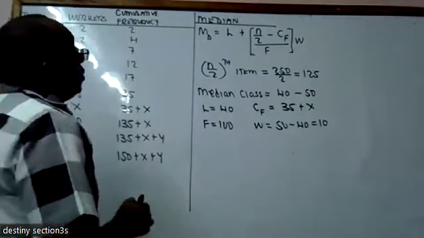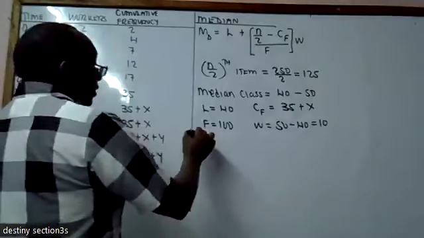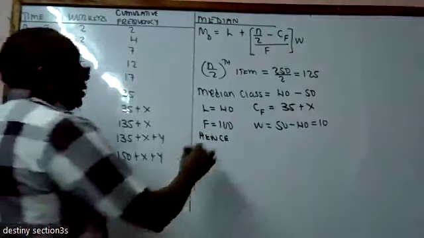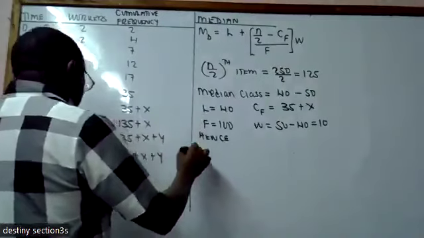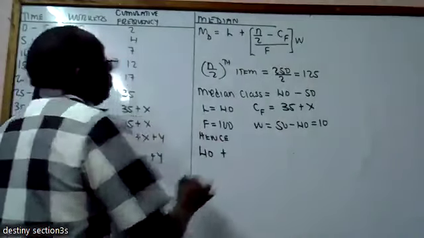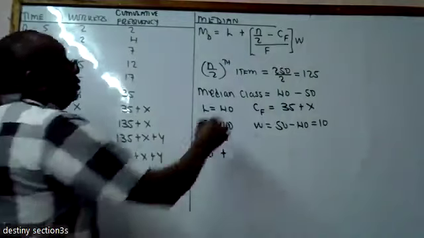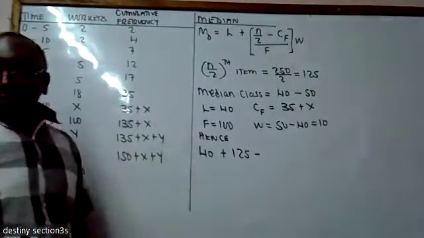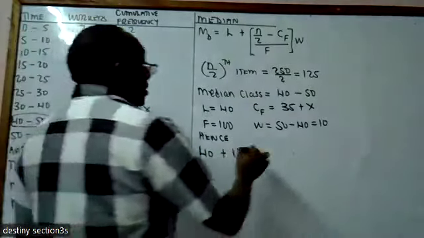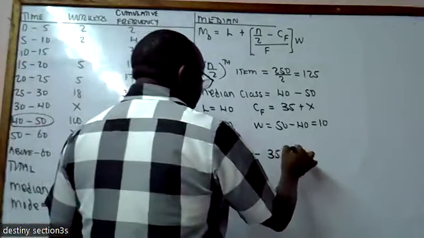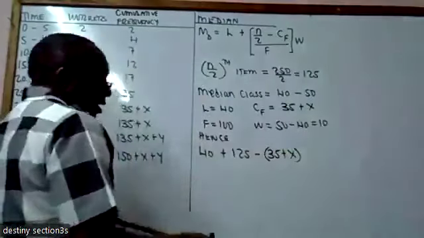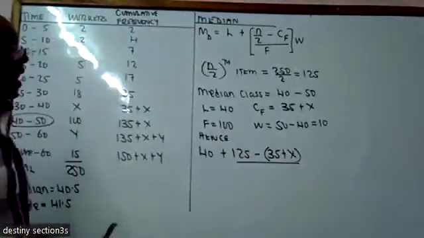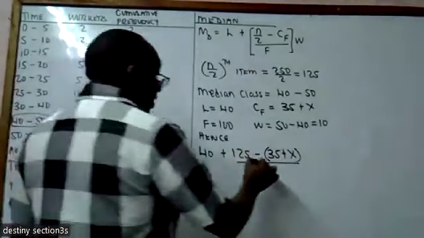So we already know the median, so if we take this lower limit 40 plus N out of 2, this will be 125, minus CF, the cumulative frequency above, it is 35 plus X. Now this one, you divide by F, which is 100.